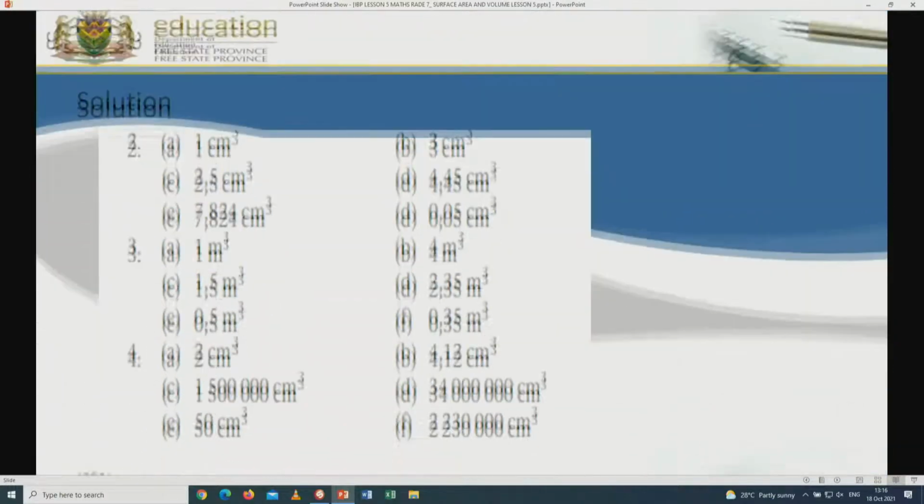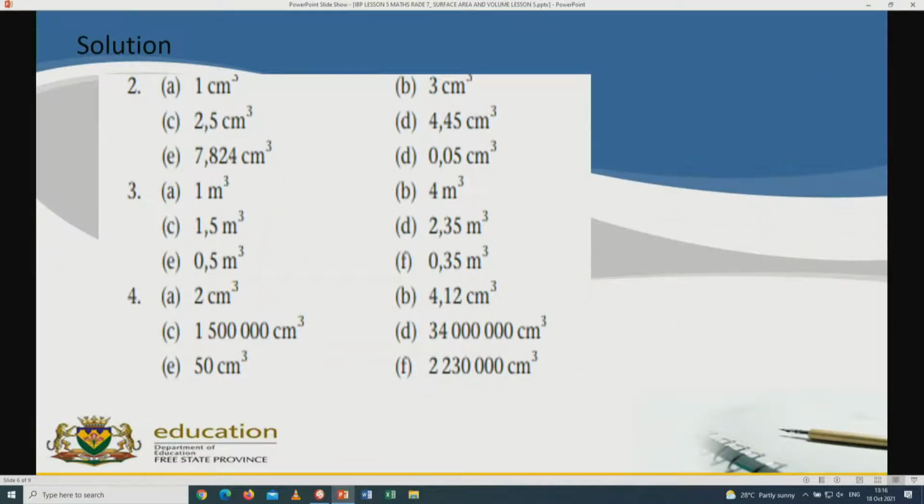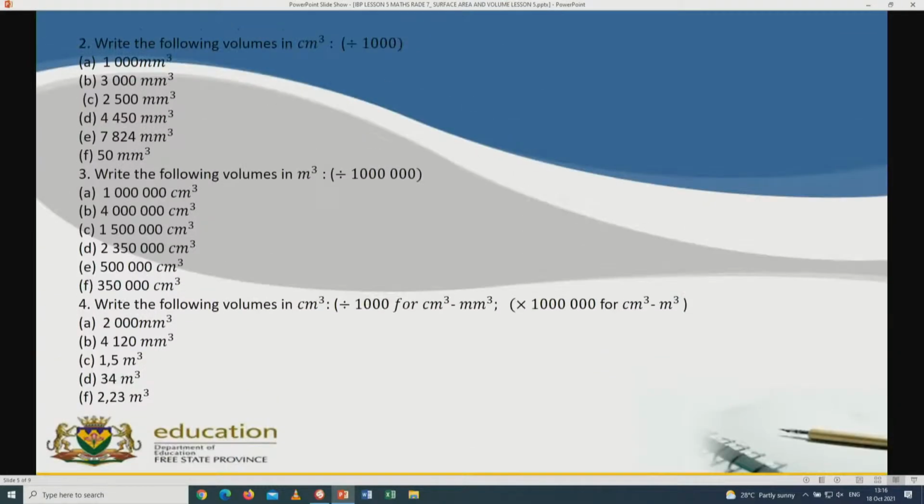And then now, let's take the next one, which was C. C is 1,5. 1,5 cubic meters will be equal to how much in cubic centimeters?